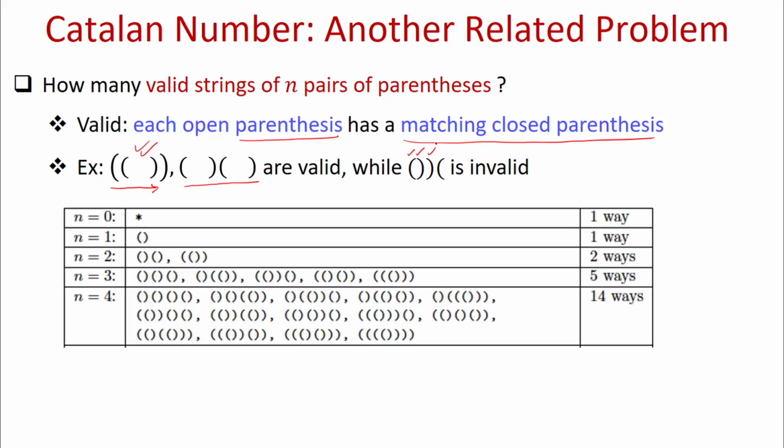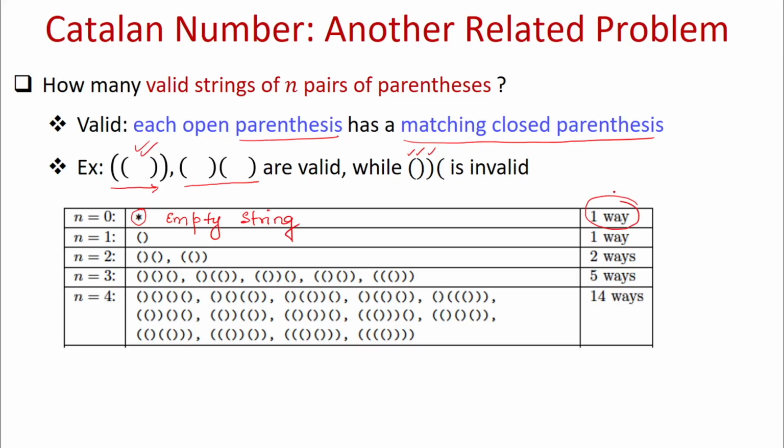So I have demonstrated here the total number of ways of formulating valid strings of n pairs of parentheses for different values of n. If n is equal to 0, then you don't have any string, and so that no string is denoted by an empty string. The star denotes empty string. And since empty string is one of the strings, for n equal to 0, I consider that the answer is 1.